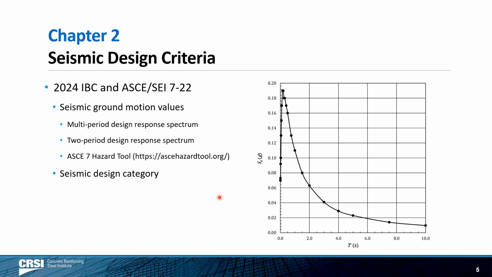You input either the latitude and longitude, the street address, or the actual point and click on the map for your particular site, and all of this information will be given to you, as well as these 22 points in different formats, including an Excel format, so that if you want to take those accelerations and put them in as input in, say, a modal analysis, which we did in a few of our examples here, you can do so.